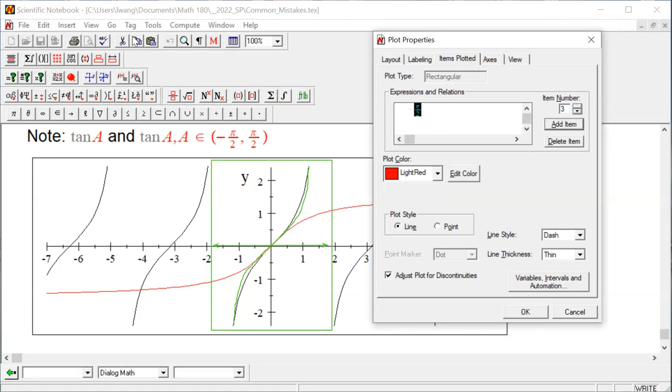Pi over 2. Add another one, and that's going to be negative pi over 2. Negative pi over 2. Make this a green. Adding another piece.